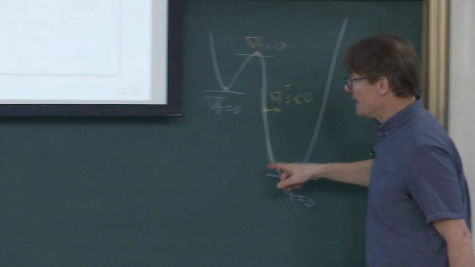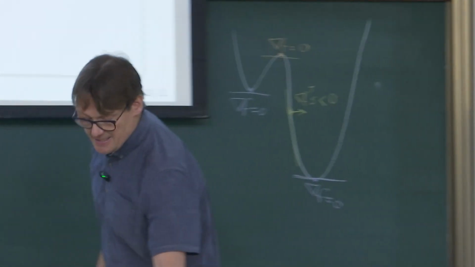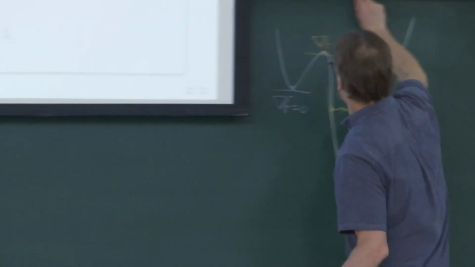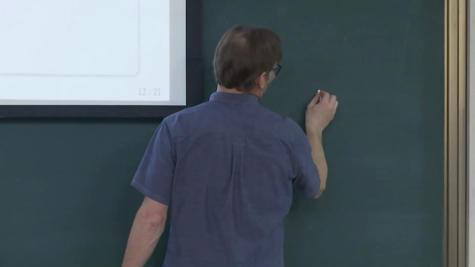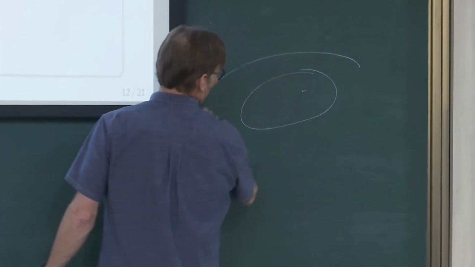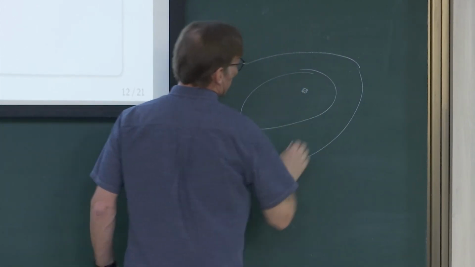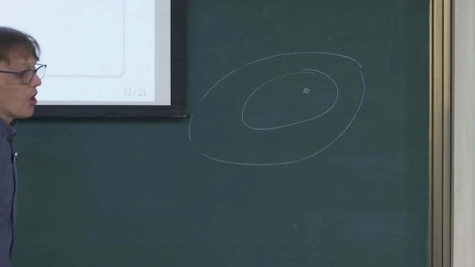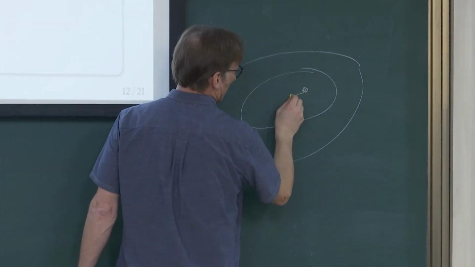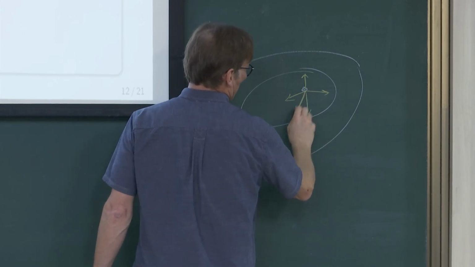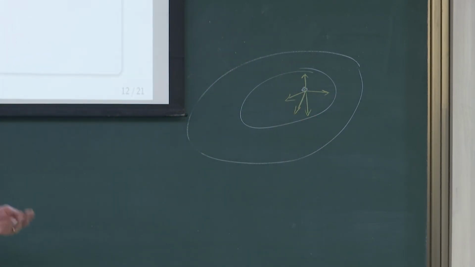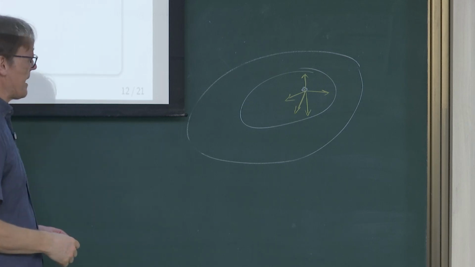So previously, in the unconstrained case, let me see if I can draw this here somewhere. In the unconstrained case, I need to look at all possible directions, and it's probably enough to look at the basis of R2, for example.